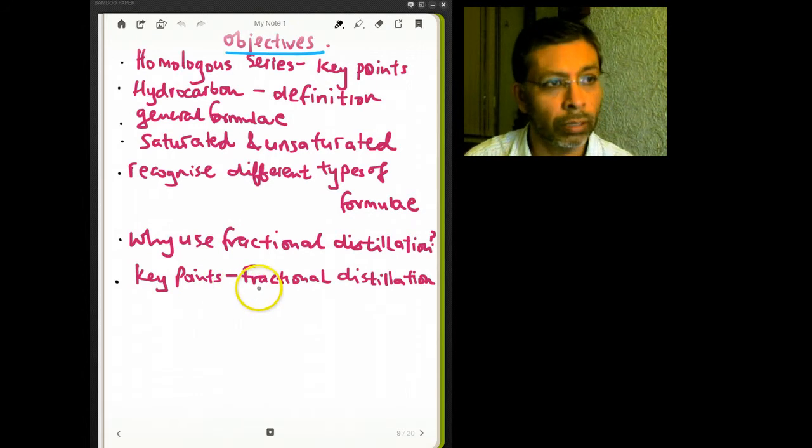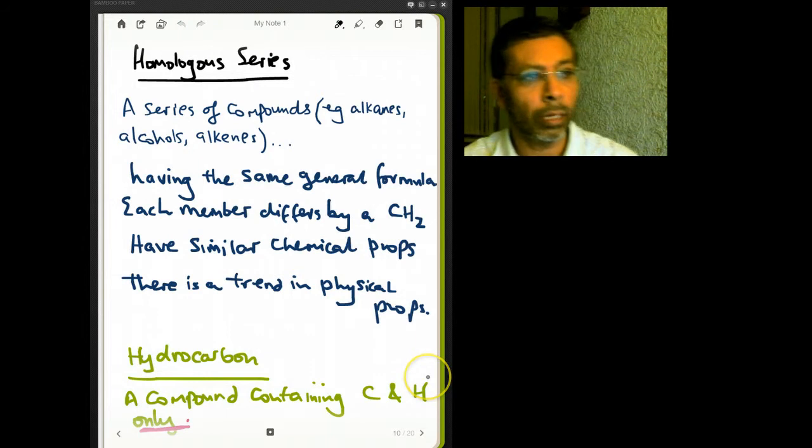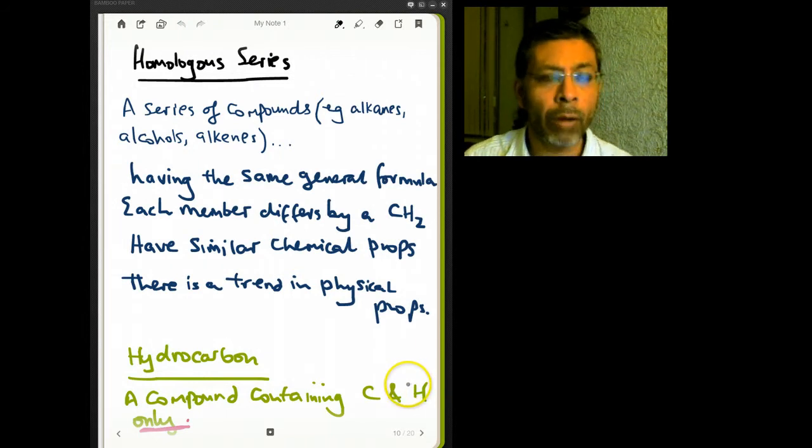All right, so let's start off then with homologous series. Basically a series of compounds, or family of compounds really, and these are the key points. They have the same general formula.